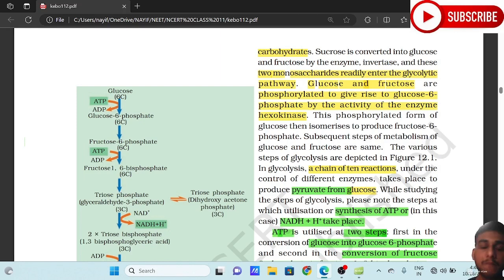From the TCA cycle, some substances will be produced. These will enter the electron transport chain, and then ATP will be produced. I earlier mentioned it is a set of processes. It is not a single reaction. It is a set of reactions. Then only the last ATP will be produced.